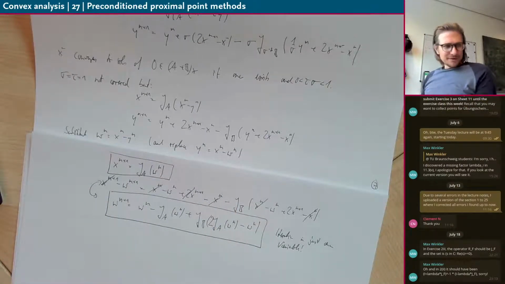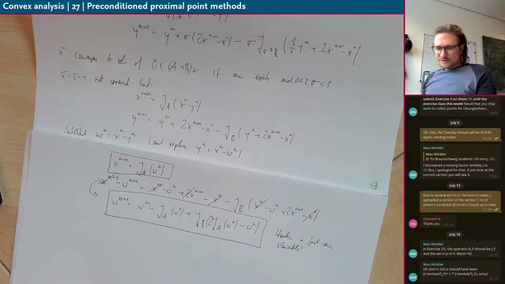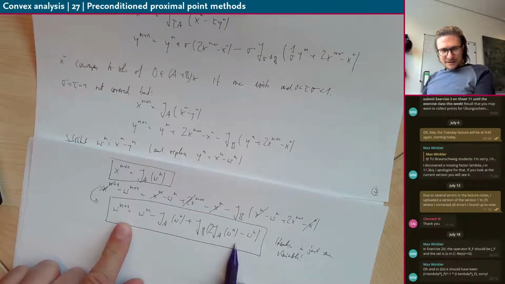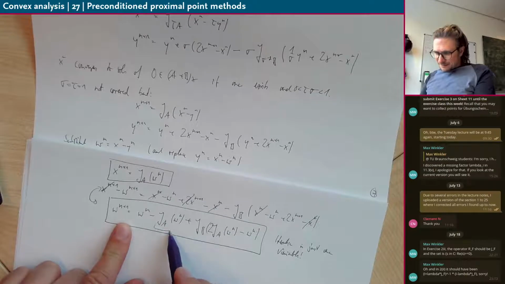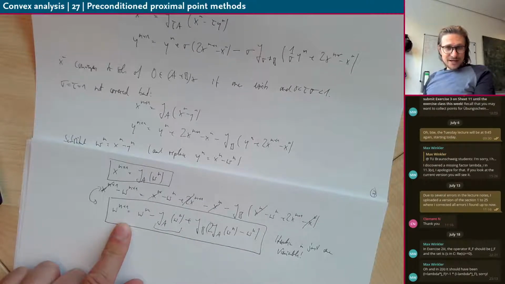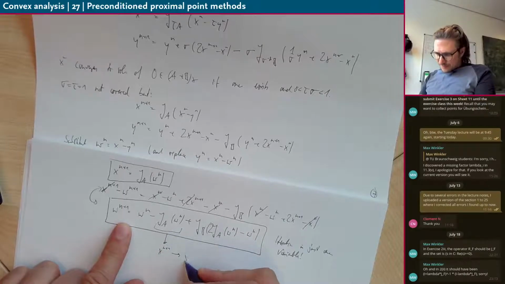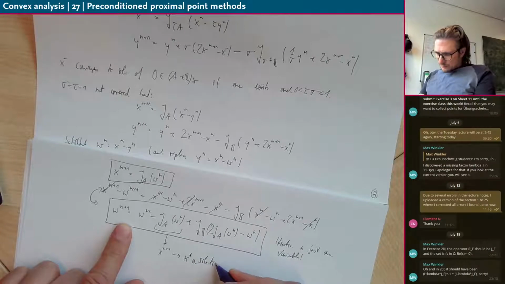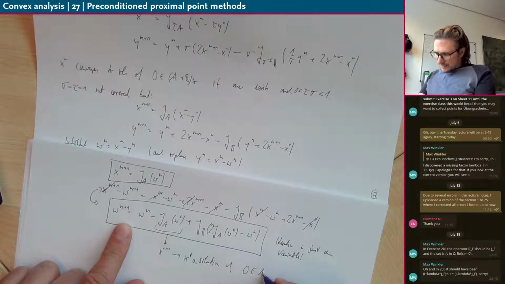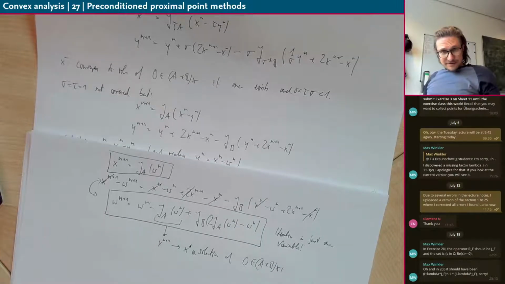So what we can do is initialize with some arbitrary w 0, iterate that guy here, and then this here, which you always calculate anyway, this is x n plus 1, and this converges to x star, a solution of 0 is in A plus B x. So that's also a nice thing.